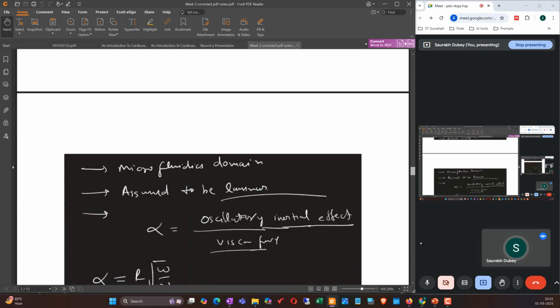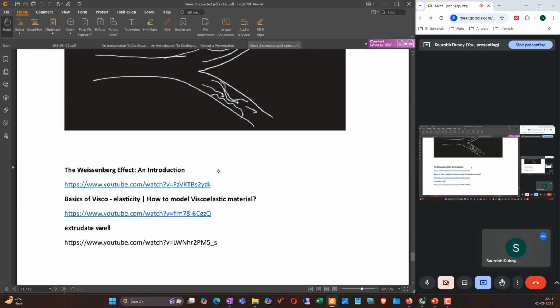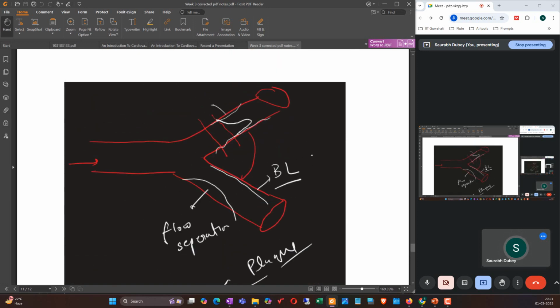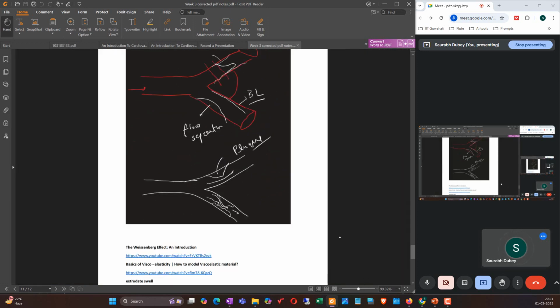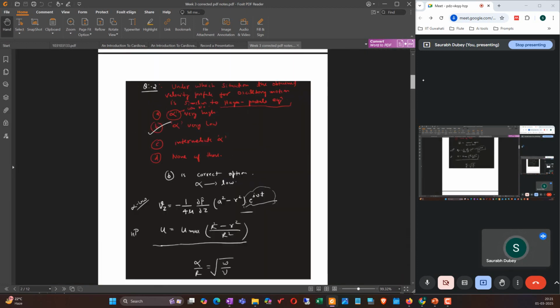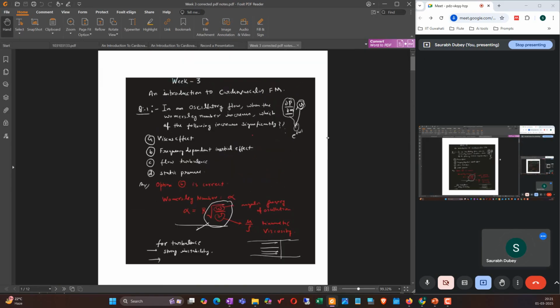Yes, in week 3 we had seen the Weissenberg effect, like climbing up of non-Newtonian fluids on the rotating wall, and the extrudate swell, how the viscoelastic model comes into the picture. Those basics we have seen, and bifurcations also we have discussed.